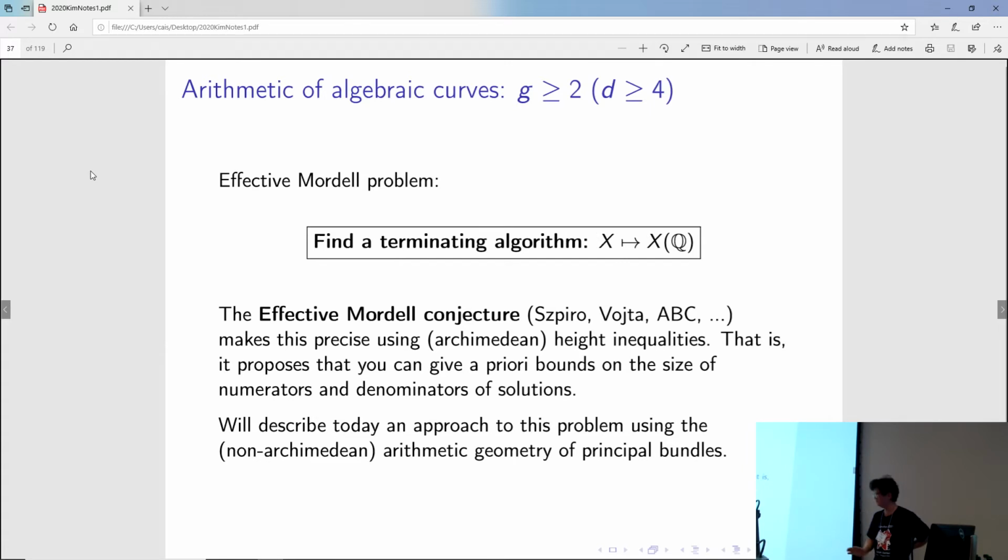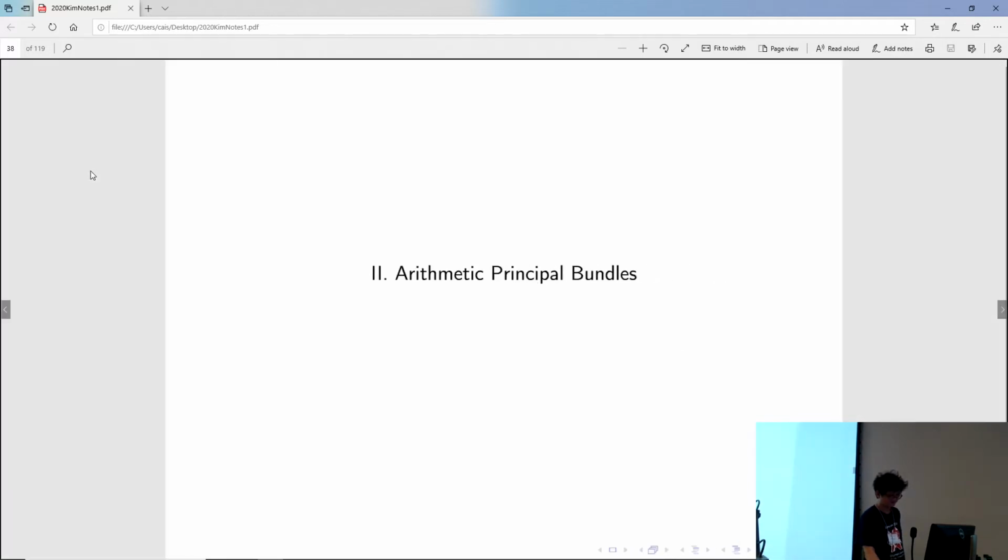So a large part of what my lecture is about, if I describe this in rather philosophical terms, is an approach to this effective model problem using the arithmetic geometry of principal bundles, moduli spaces of principal bundles. In particular, it's a non-Archimedean approach as contrasted to the effective model conjecture, which tries to deal with effective a priori Archimedean bounds.